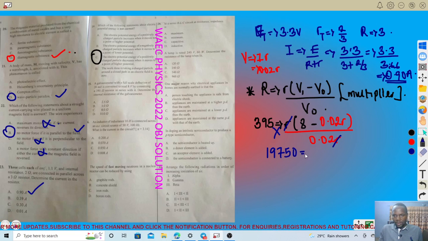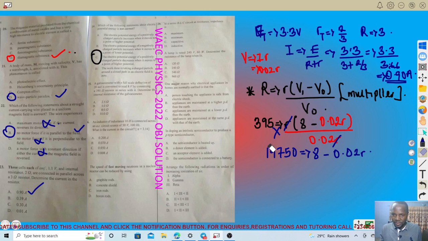19750 is equal to 8 minus 0.02 r. So you can confirm that, because this calculator, I don't trust it. The values I'm getting are very high. Let's see again. This is our v equals current, 20 times 10 raised to the power minus 3. I'm trying to do verification, please. 0.02, yes. The 0.02 gets cancelled out. So I have this, then 395.